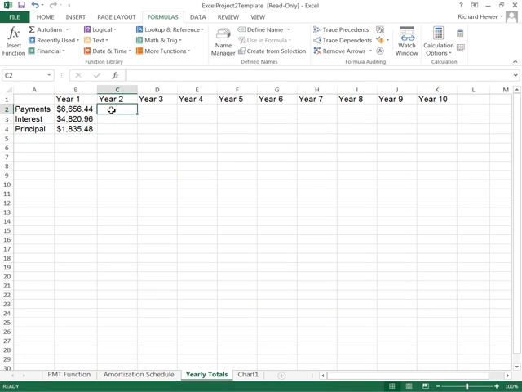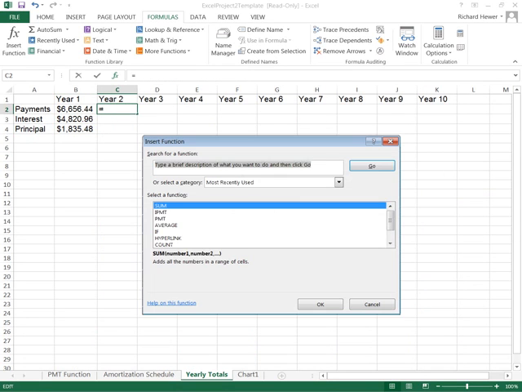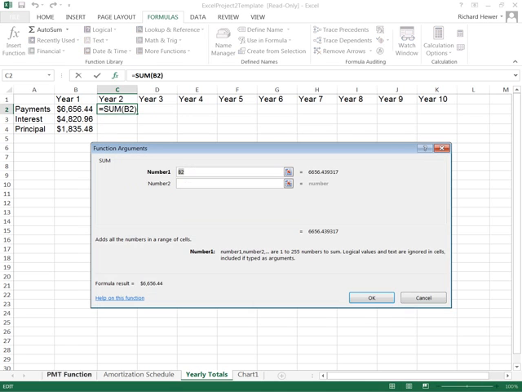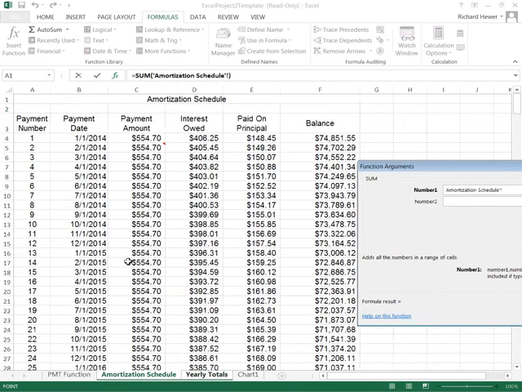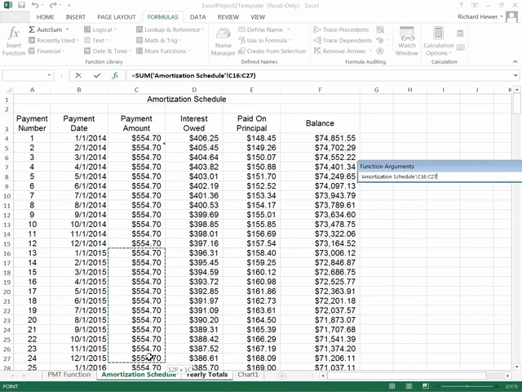So in year 2, I have to again do the sum. And I again have to go over to the amortization schedule. But now I've got to start at payment 13 and go down through payment 24. So I get 12 payments.